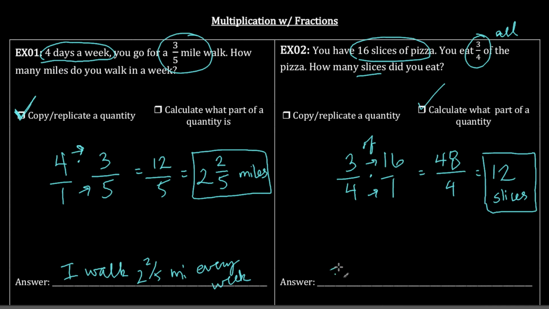I ate 12 slices, because 12 is 3/4 of 16. If you broke 16 up into 4 groups, each group would have 4. You ate 3 of those groups. So that's 12.